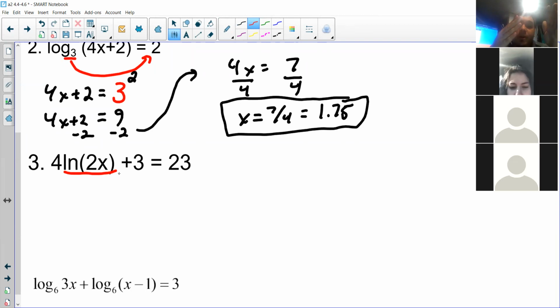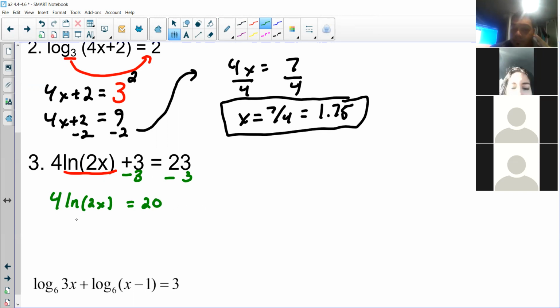It's kind of like 4 variable plus 3. So all I'm doing is the algebra to get ln by itself, which requires me to subtract 3 on both sides. So 4 ln 2x equals 20.